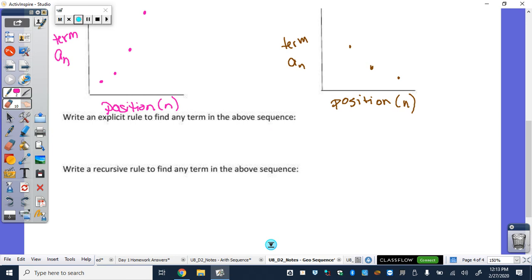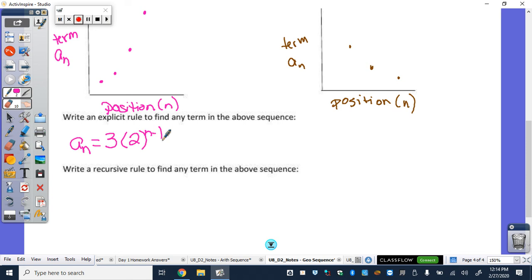So just practice one more time. We're going to do explicit for both of our graphs, and then we're going to do a recursive for both of our graphs. So our explicit rule for the first one, what was our first term? 3. What was our common ratio? 2. Multiplying by 2 to get from one term to the next.